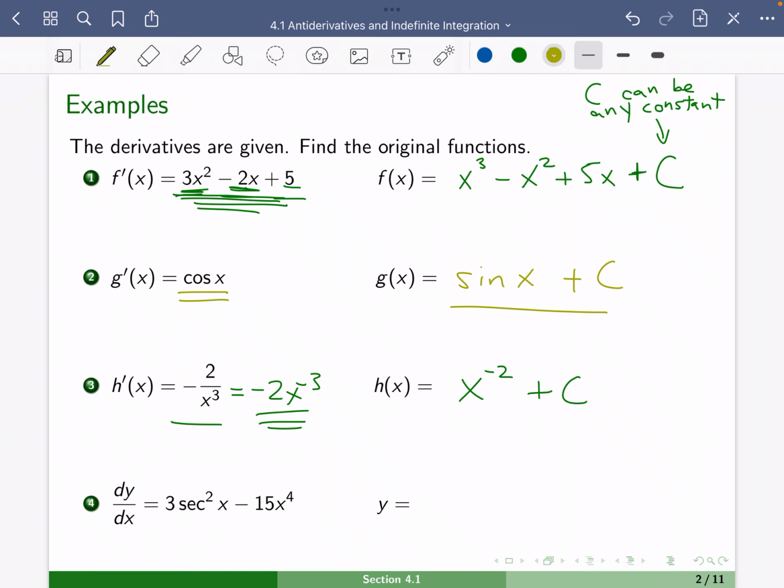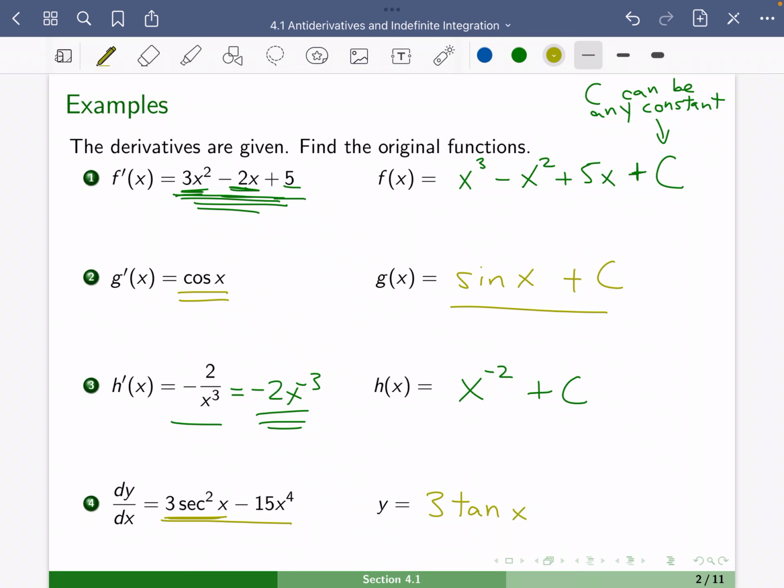All right, and what about this last example on this page? 3 secant squared x minus 15x to the 4th. What function has 3 secant squared x as a derivative? Secant squared is the derivative of tangent.